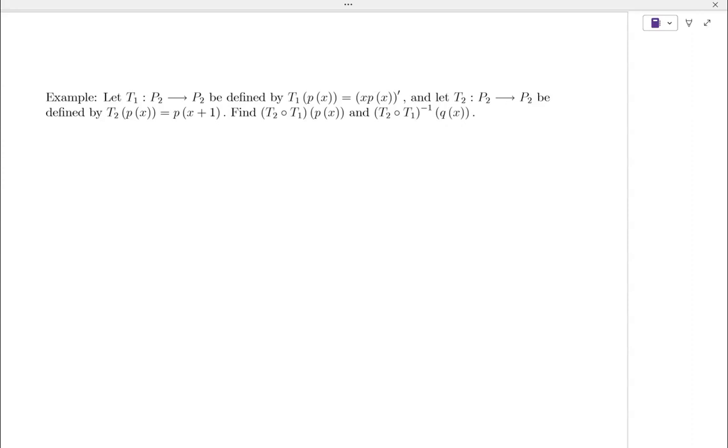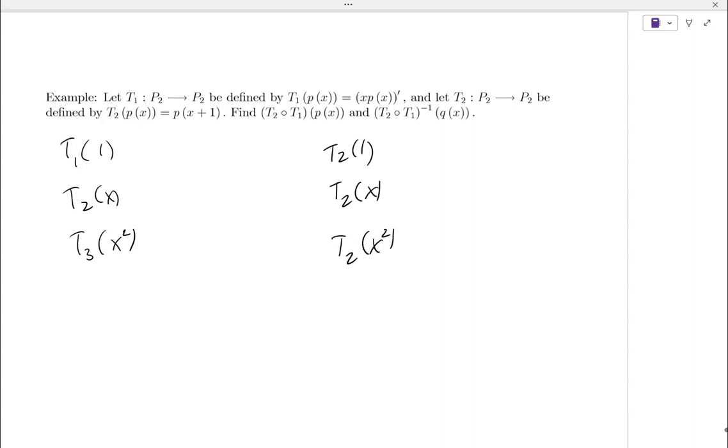All right, so remember again how we find our standard matrices. We want to plug in the standard basis first. Our standard basis for P2 is 1, x, and x squared. So I'll put 1, x, and x squared into T1, and I'll put 1, x, and x squared into T2.